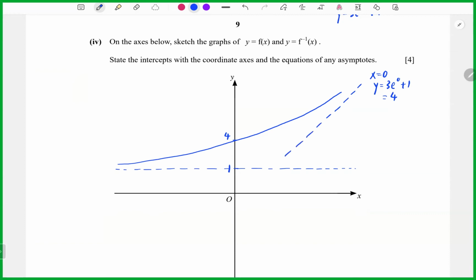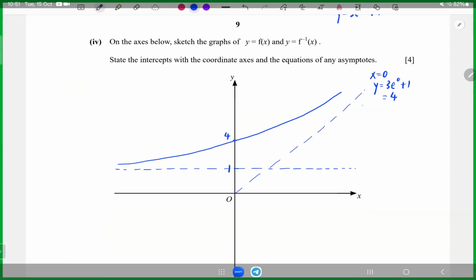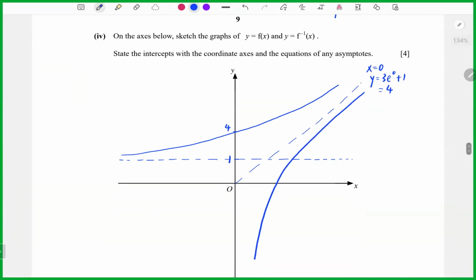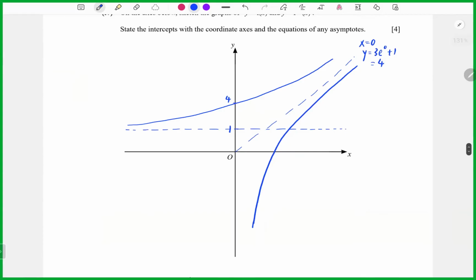So now I label here. Okay, wait a minute. Okay, here's 1.